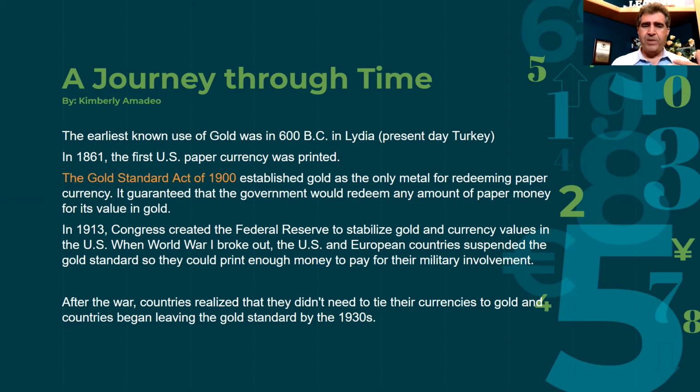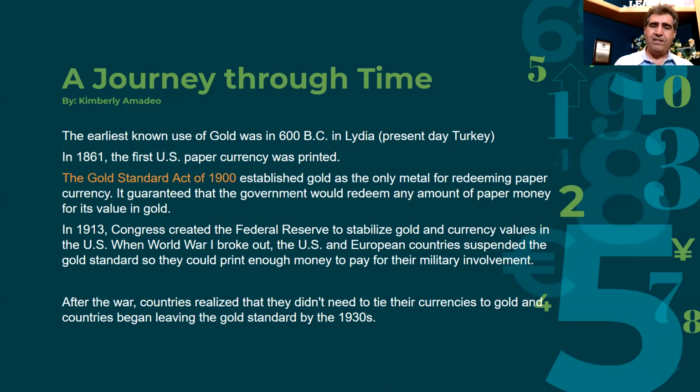So basically, the earliest known use of gold as a currency was in 600 BC in Lydia, which is present-day Turkey. In 1861, the first US paper currency was printed.